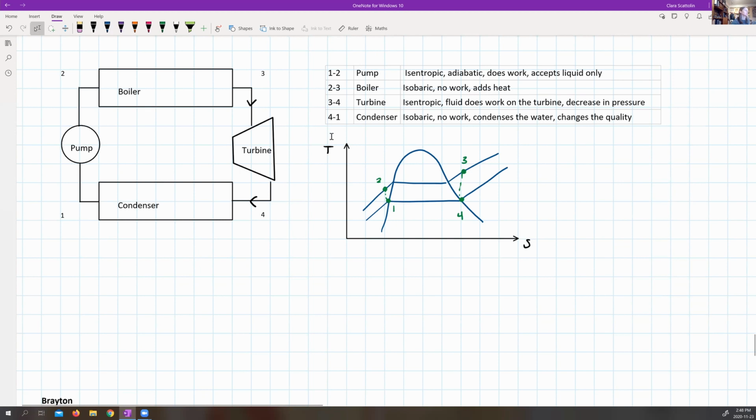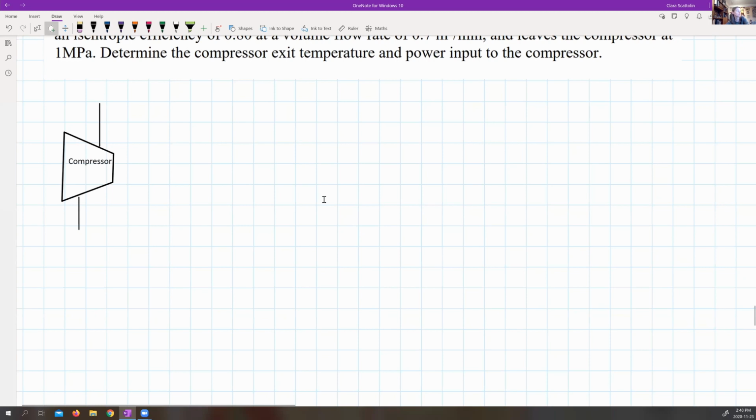Actually, it'd be easier if I just discuss it here. So when we were talking about the Rankine cycle, we were talking about isentropic turbines, which means that if I look at a TS diagram, we drop as a straight line from 3 to 4, okay? This is the process that we would expect.